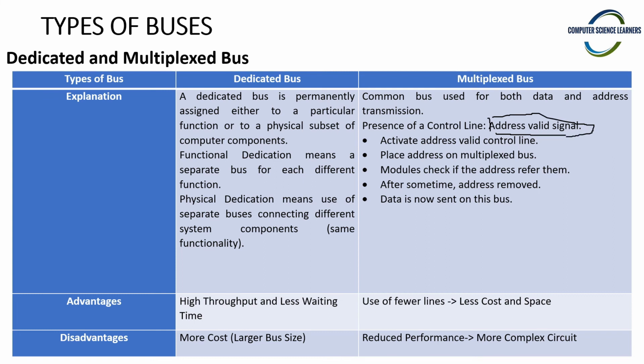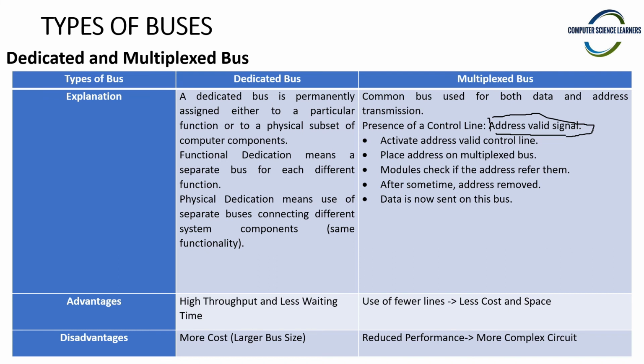Once we have sent the address to the memory, we need to use the same bus for reading the data. So in that case we turn off the address valid signal. Once it is turned off, the same bus is used for transferring the data.